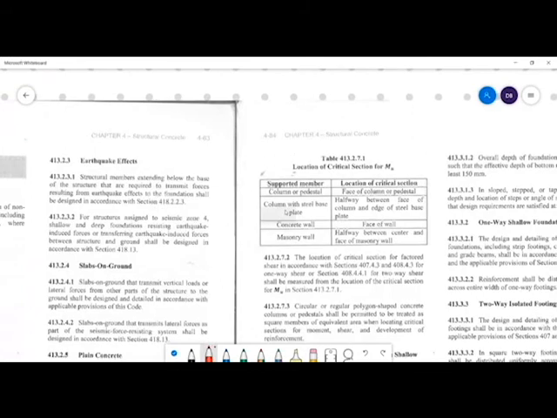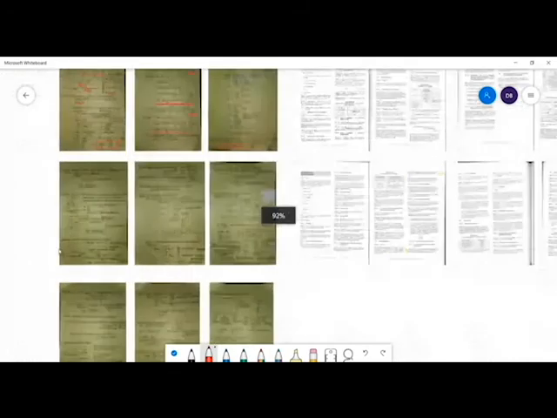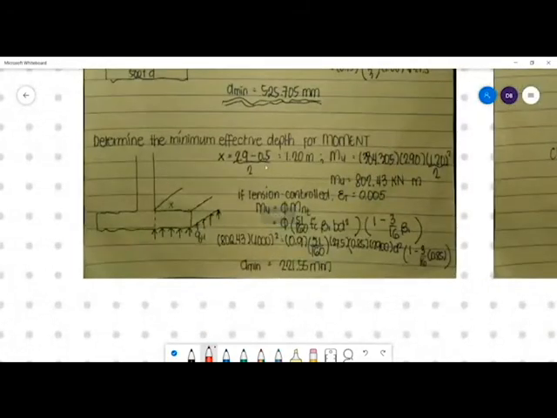Because we have a concrete column, the critical section is on the face of the support. Our fixed support is assumed to be at the face of the column. So our x is equal to 2.9 minus 0.5 over 2, which is equal to 1.20.